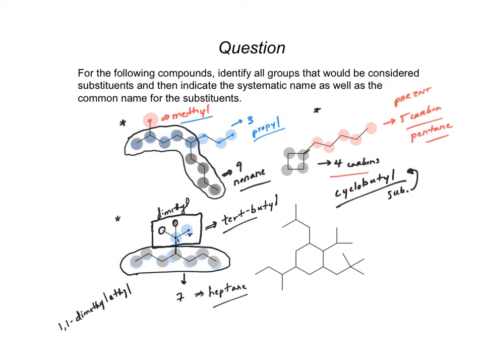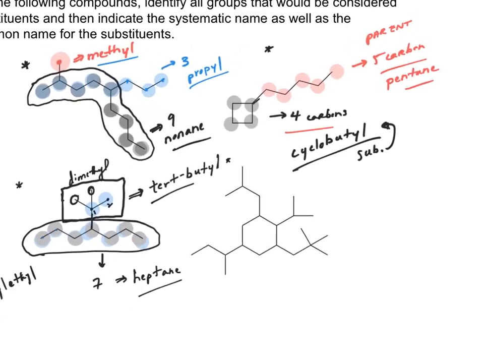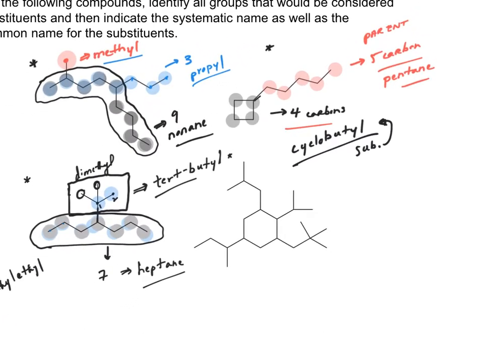Okay, so finally, we get down to the bottom one. This one's kind of difficult, and I've kind of ran out of room for it. So we've got a bunch of stuff going on here. Again, we're looking for a parent first. And where I would always start is probably the ring structure. So 1, 2, 3, 4, 5, 6. I don't know how I did that, but yeah.